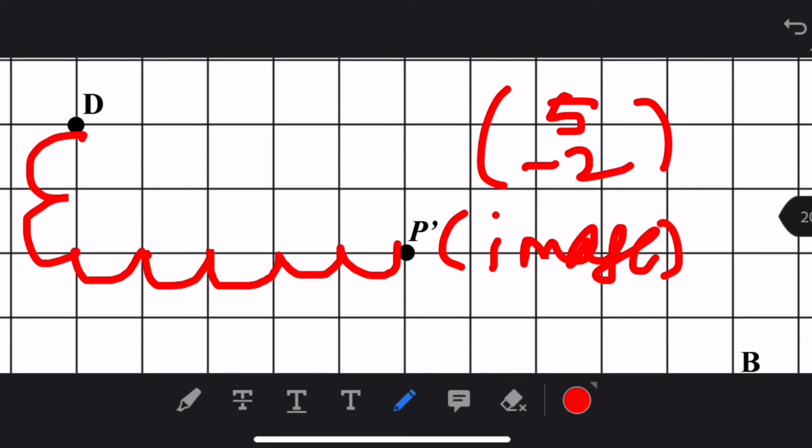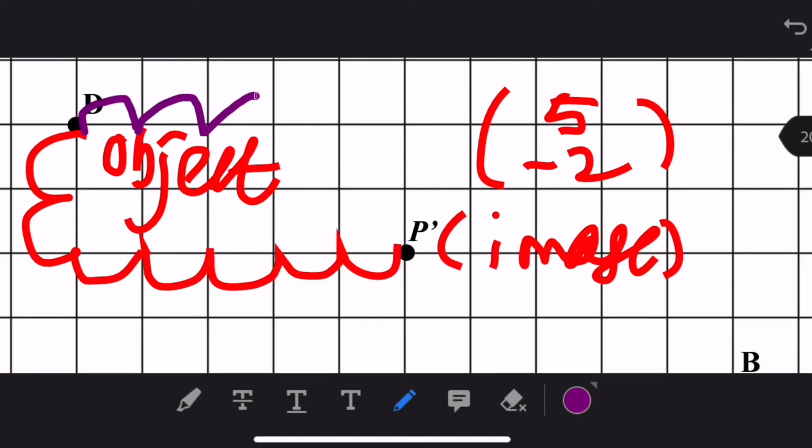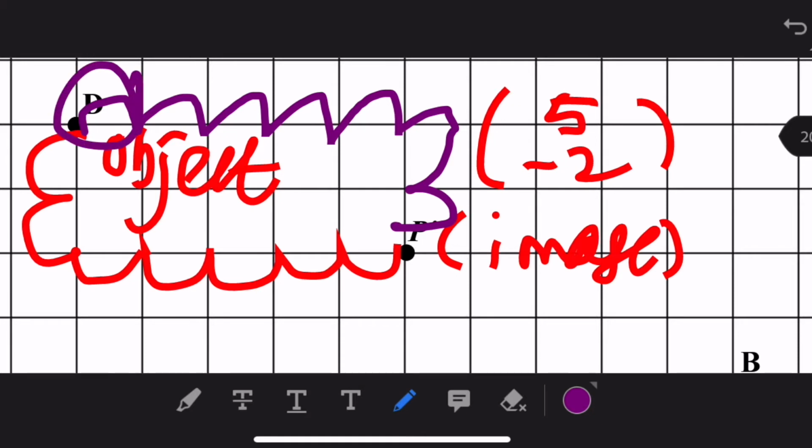Right, okay, so this is the object and image relationship: 5 and then negative 2. Alright, so the object is at the point D.